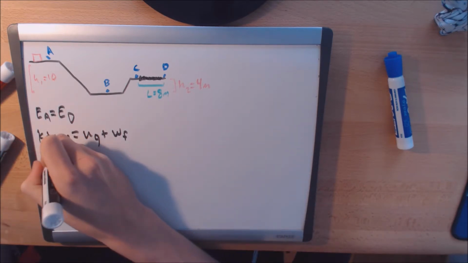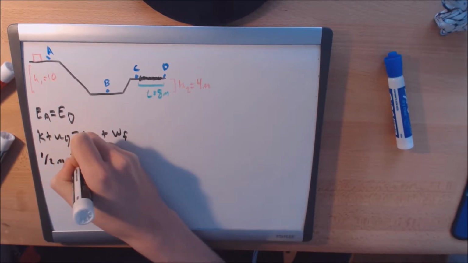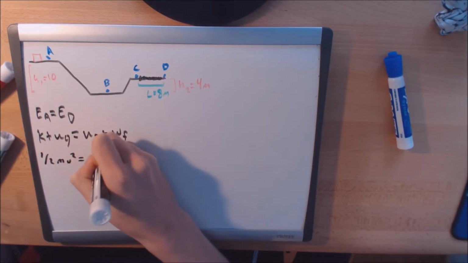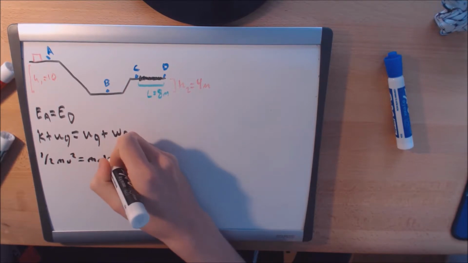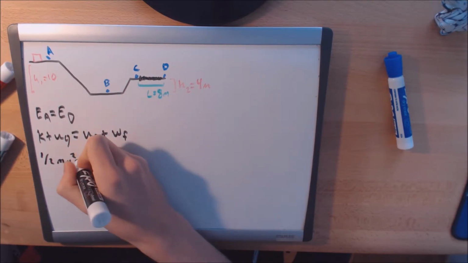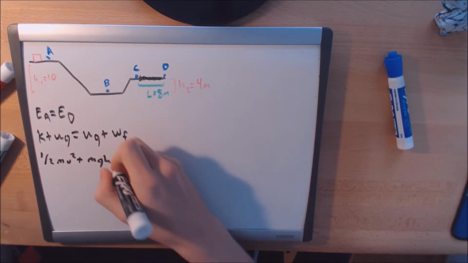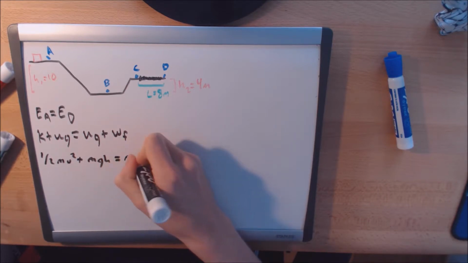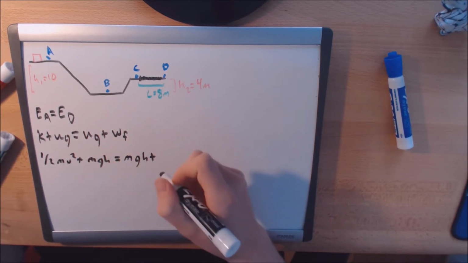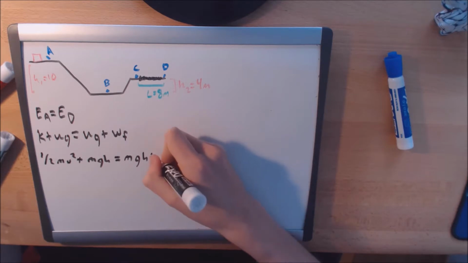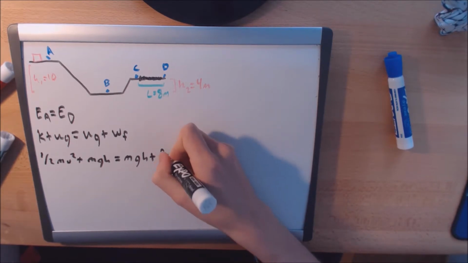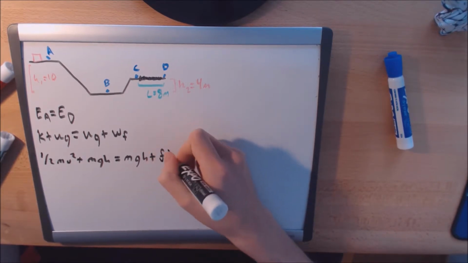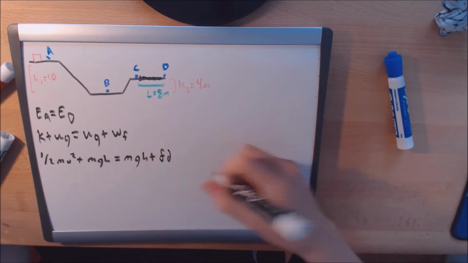So we'll go again, 1/2 mv squared plus mgh equals mgh plus work done by friction, which is force times distance, or the frictional force times the distance it's applied over.